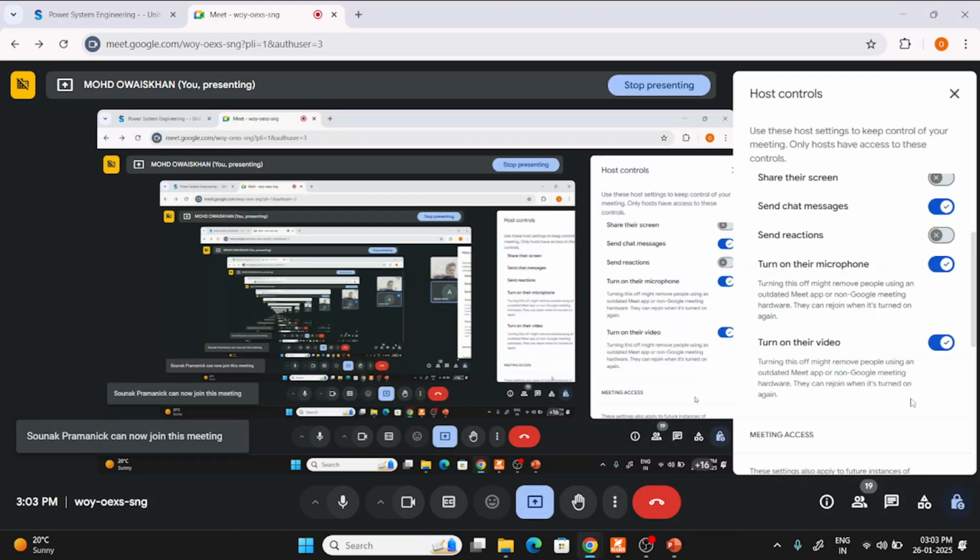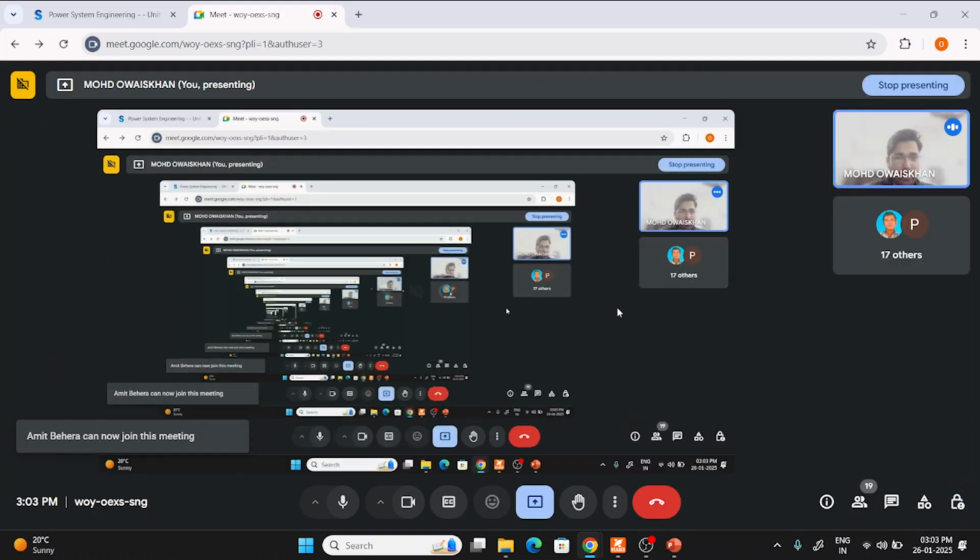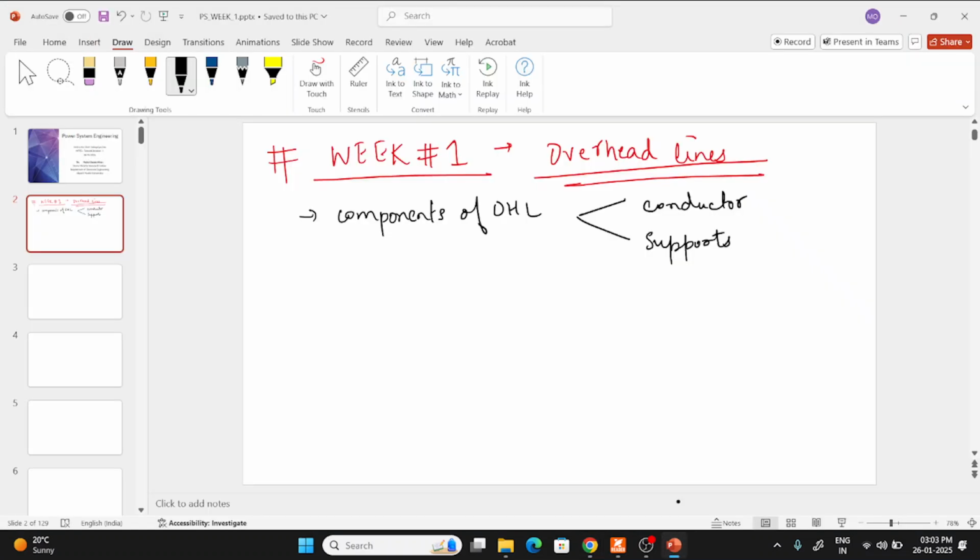I think people have to mute their mic. Okay. Now after that, there are insulators which are attached to the supports and to insulate the conductor from the ground. Okay. Then there are cross arms.